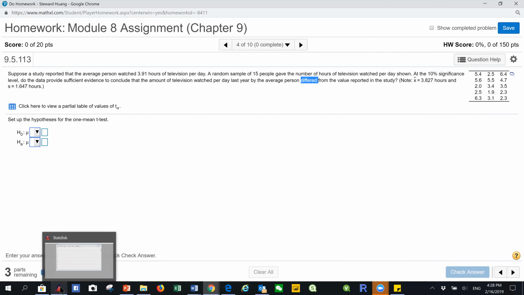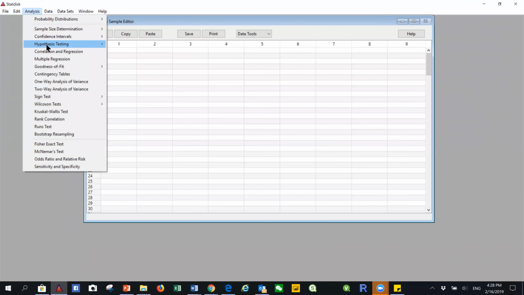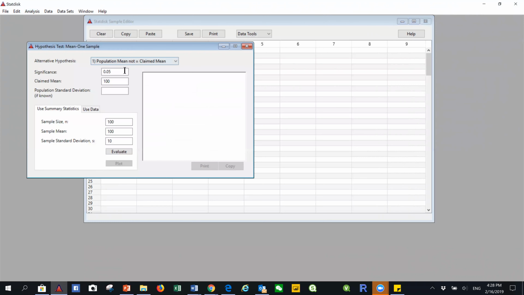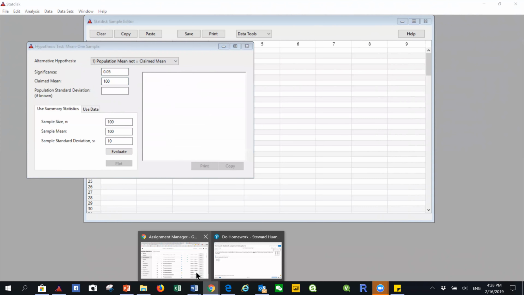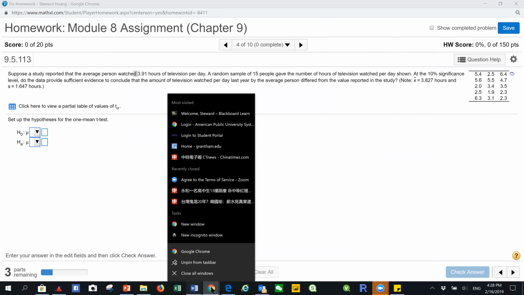Again, if you use Statdisk, go to Analysis, Hypothesis Testing, Mean One Sample, choose the hypothesis accordingly, plug in the significance, which is alpha, and the claimed mean, which in this case is 3.91. This is the time spent watching TV.